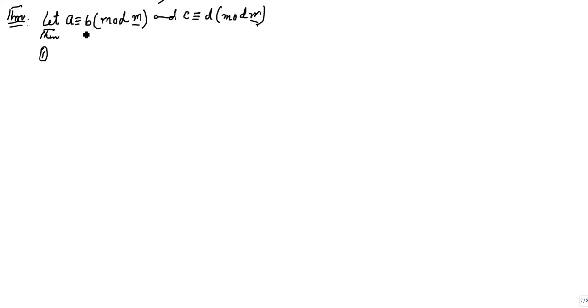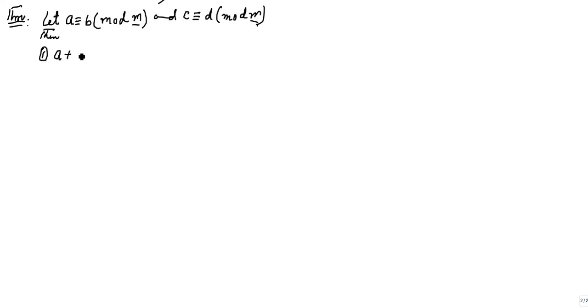So, if we have a congruent to b modulo m and c congruent to d modulo m, then we can add two congruences.